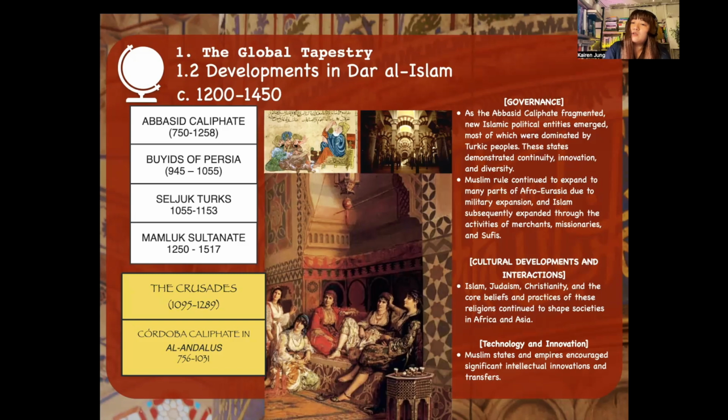Muslim rule continued to expand to many parts of Afro-Eurasia due to military expansion, and Islam subsequently expanded through the activities of merchants, missionaries, and Sufis. From its inception, ever since Islam began, you had tax benefits, you had a lot of trading, and so these Islamic cultures tended to spread Islam through peaceful means as much as possible.